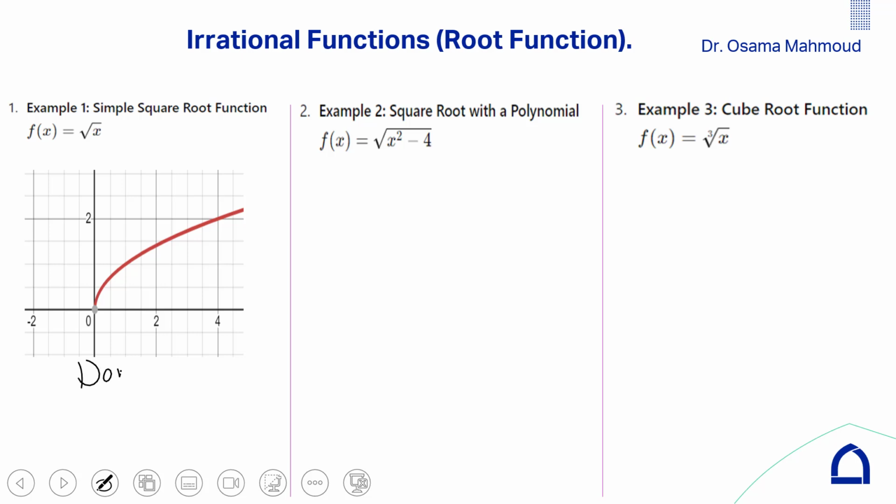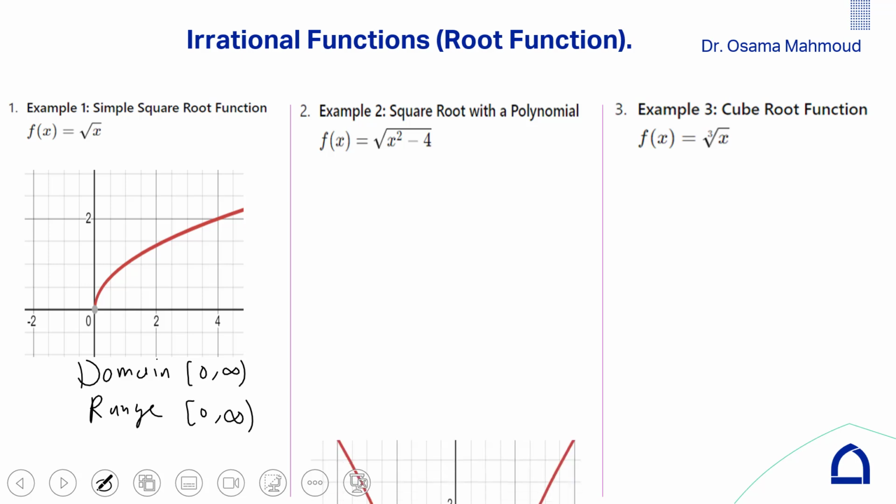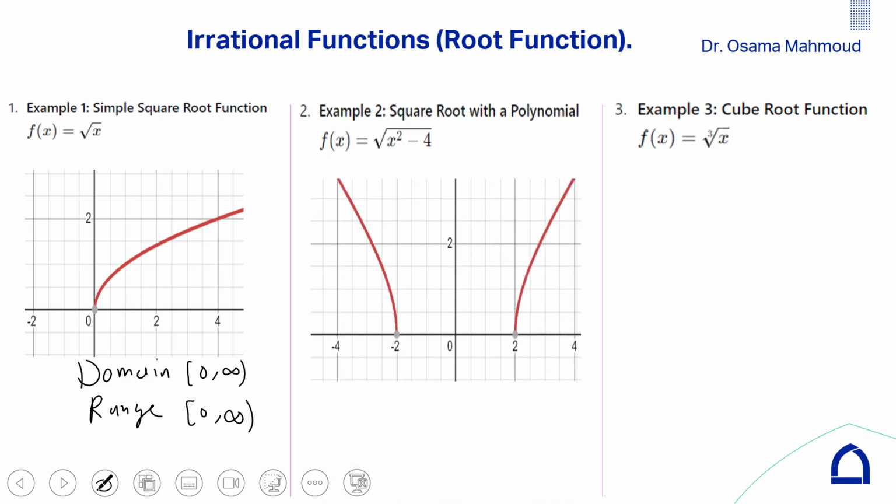So this one has a domain 0 to infinity, and also the range from 0 to infinity. For this one, if you graph it, in this case, your domain comes from minus infinity and stops at minus 2, and union the rest of this one, you start again from 2 up to infinity. This is the domain.